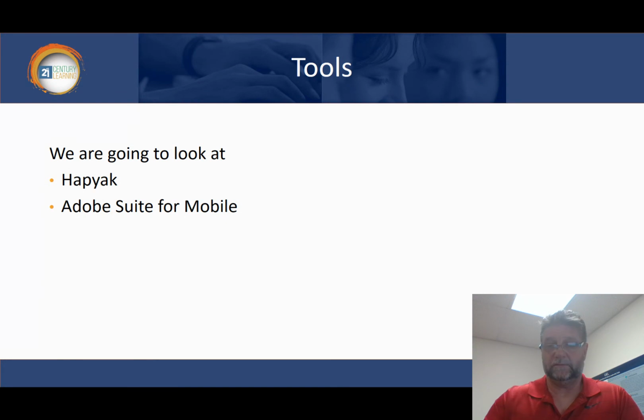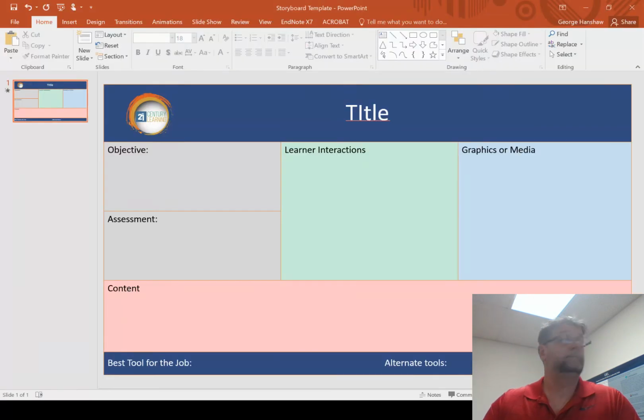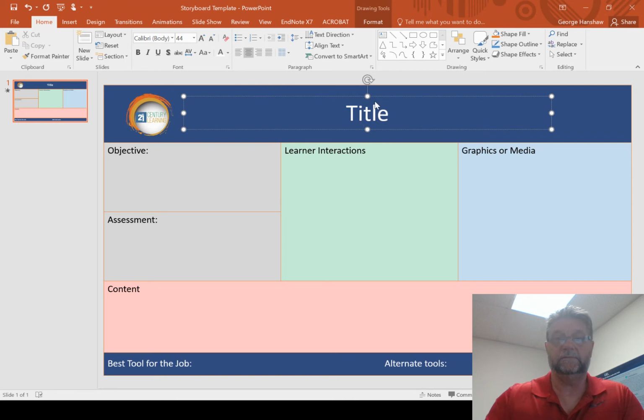What I failed to mention, and I didn't put it down there, I'm sorry, is this one that you're going to get right here: best tool for the job, alternate tool for the job. That's how you're going to let your storyboard and your objectives and everything else help you select the best tool for the job.